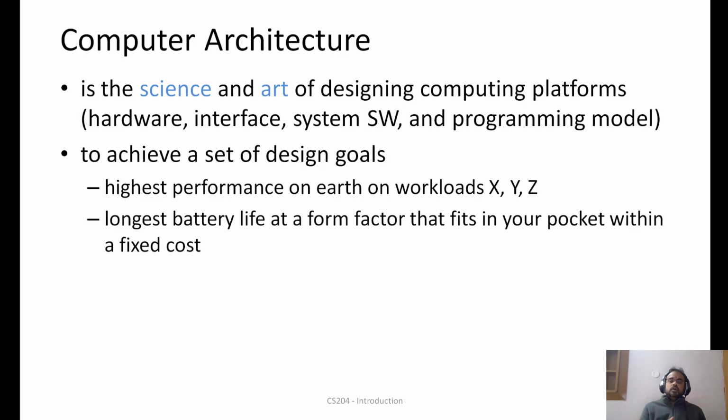Or our design goal can be that my hardware should consume a minimum amount of power so that the battery that comes with it can last longer. So one very popular notion that we have is all day computing.